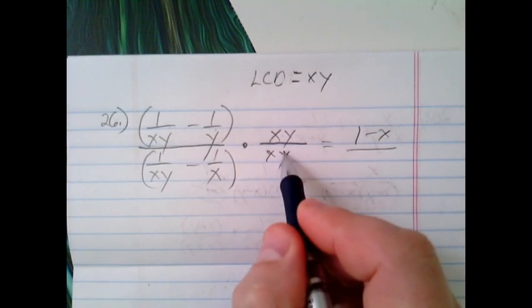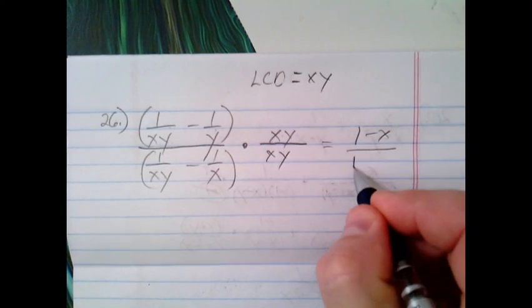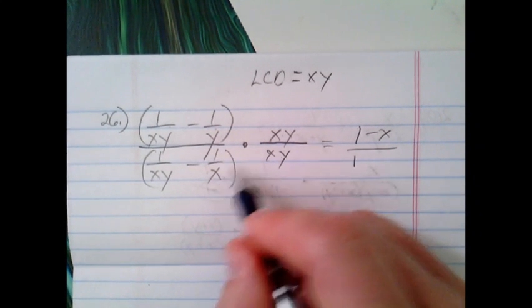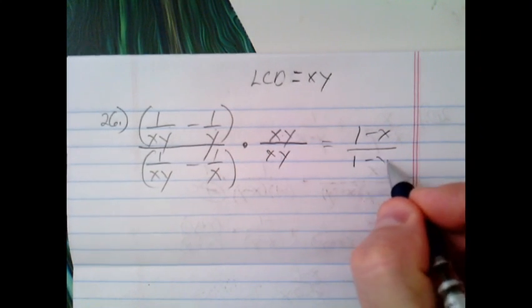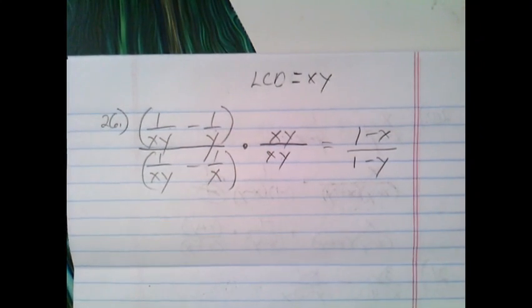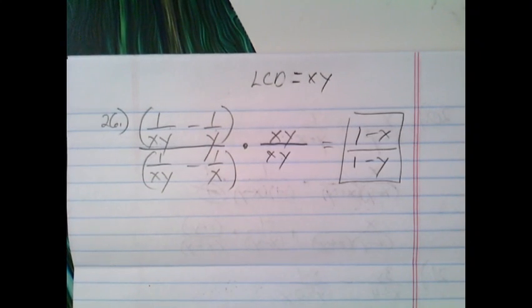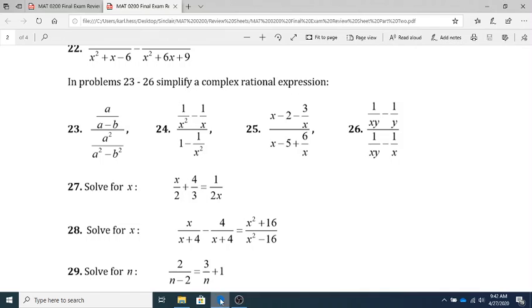Now in the denominator, xy times 1 over xy, well that again gives me a 1. xy times 1 over x, the x's would cancel, but I'd be left with a y. So minus y. Okay, and there's really nothing I can do to simplify that further, so that's my final answer on number 26.